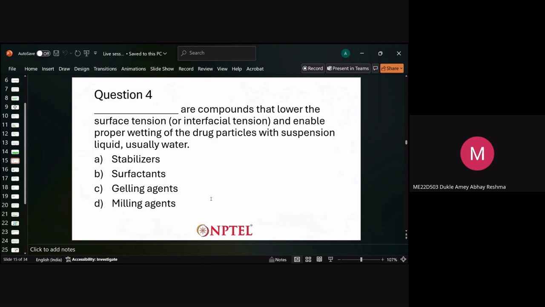Moving to the fourth question: dash compounds lower the surface tension and enable the proper wetting of the drug particle with the suspension liquid, usually water. The options are stabilizers, surfactants, gelling agents, milling agents. Surface tension is basically a cohesion between the molecules. There is a cohesive force between the molecules of the same material.